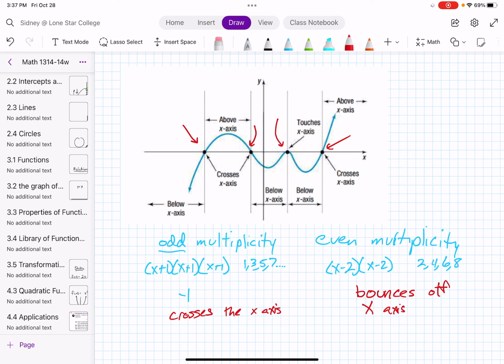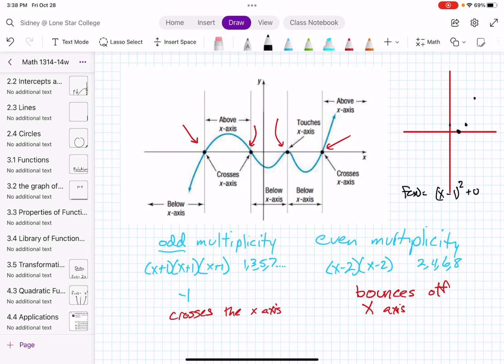Now, why does that matter? It matters because of how these behave. If you want an example to think about what it really means to bounce off, think about the parabola f of x equals x minus 1 squared. Now, x minus 1 squared has an inferred plus 0 right there. But that means that we take one step to the right, and that's where our vertex is.